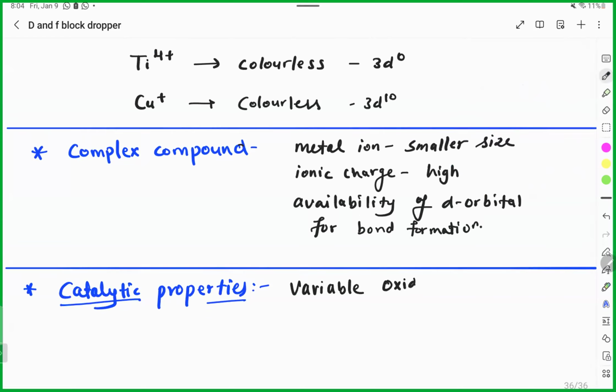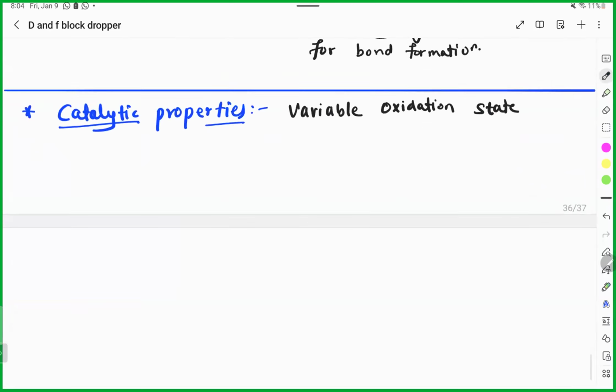Because for example, if you see in biology or in chemistry, example iron. You know iron is present as Fe3 positive. When it accepts one electron, it will convert into Fe2 positive. This Fe2 positive donates an electron and again converts into Fe3 positive.